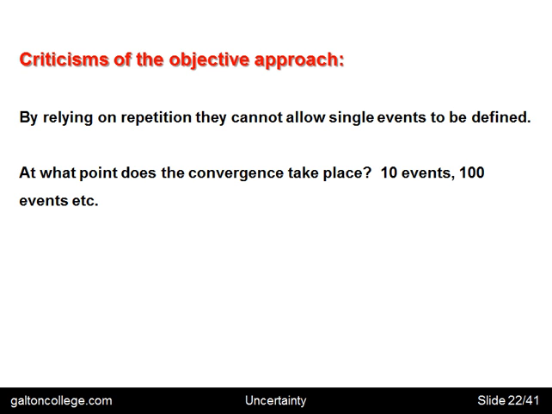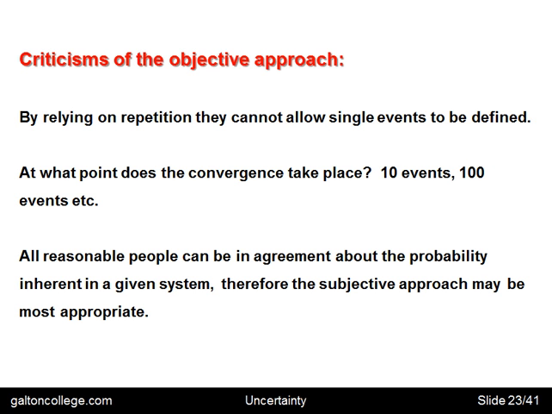After 10 events, or after 100 events, after 1,000? Who's to say? So, two major problems with the objective approach. All reasonable people can be in agreement about the probability inherent in a given system. Therefore, the subjective approach may be the most appropriate.